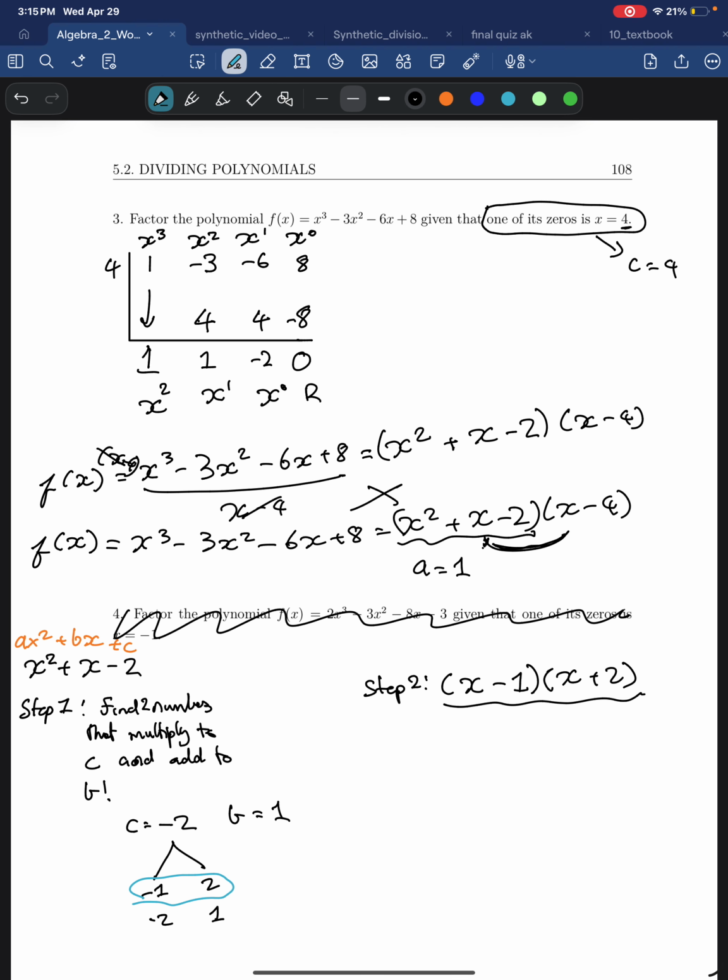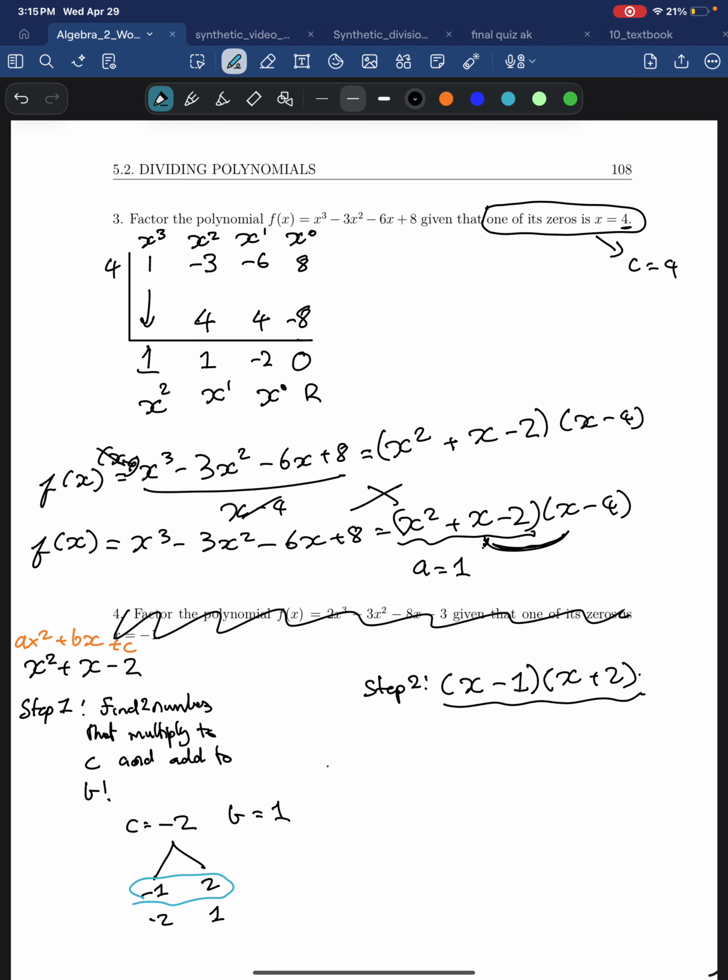So now, once we factor the quadratic equation, we put this back in and replace the initial quadratic equation, right? Remember, when you factor something, you're basically writing it in a different form, so you're replacing it.